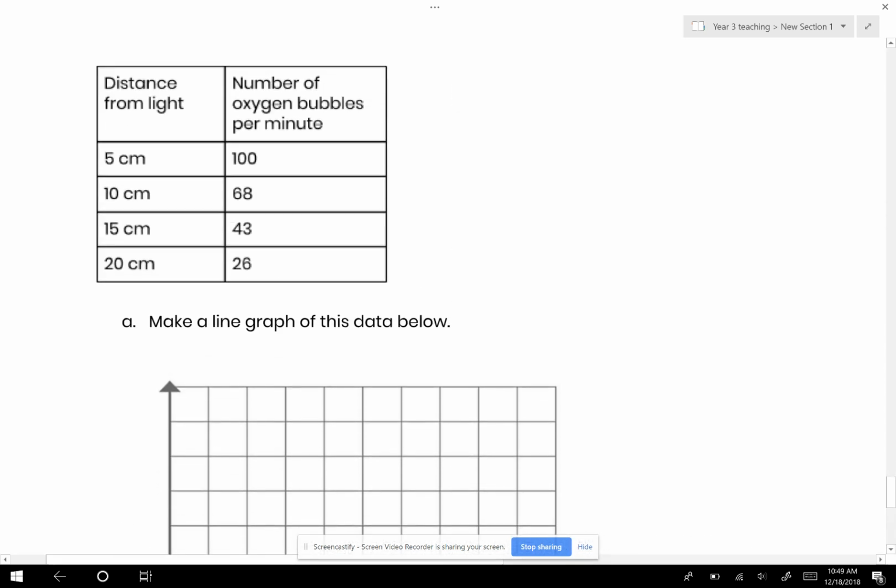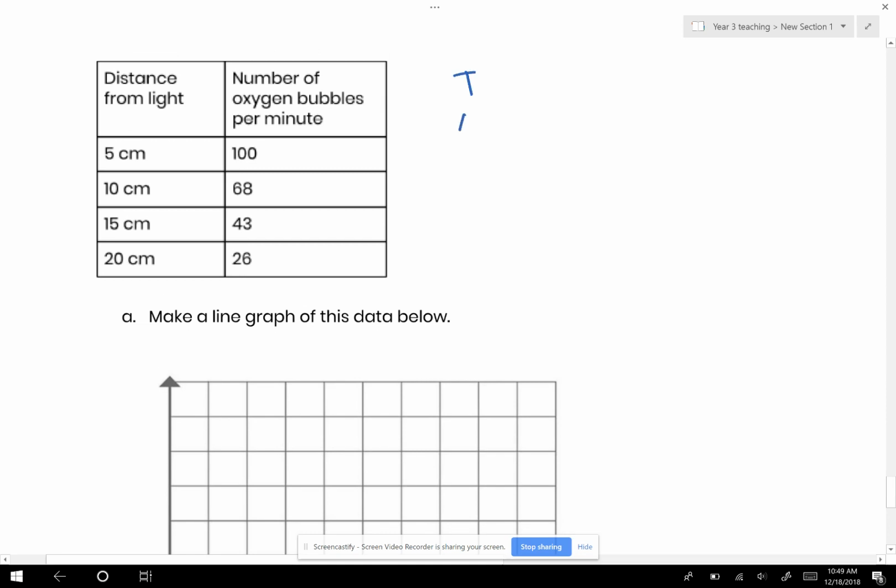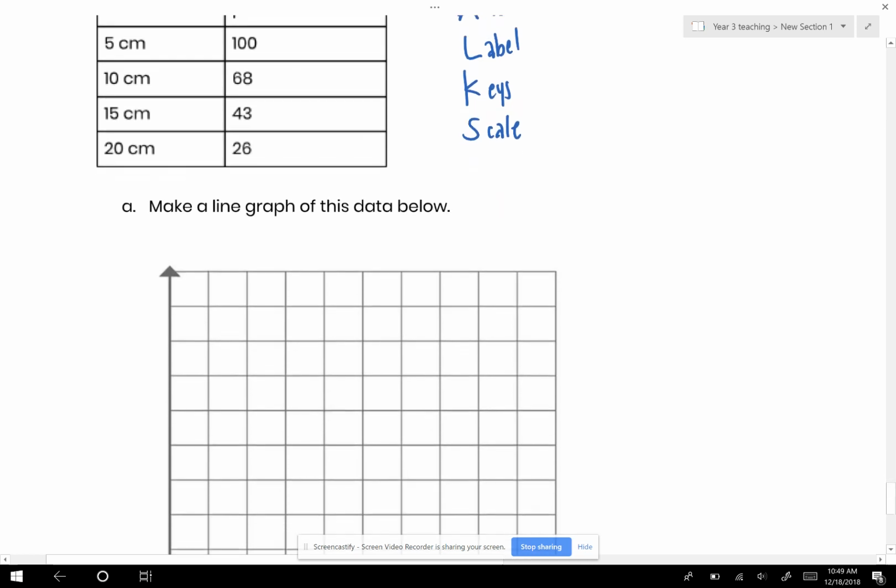So again, you are going through your graphing checklist: title, axes, labels, keys and scale. We have to make sure that we check all of those things.